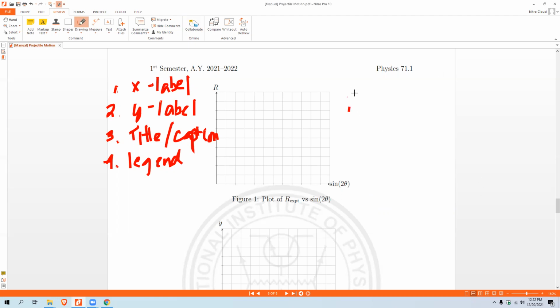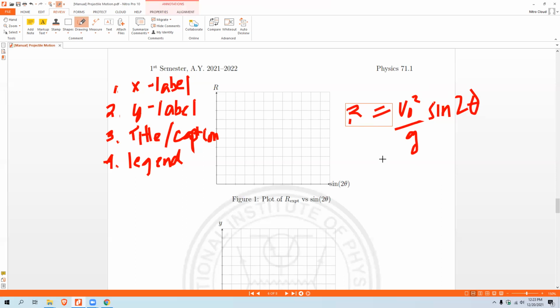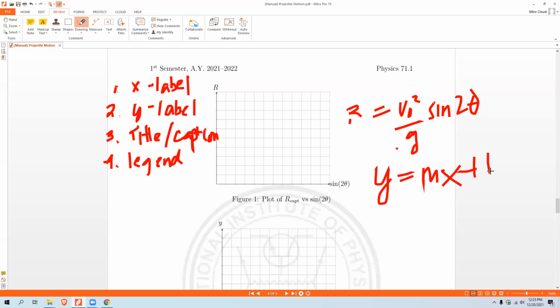So if you recall dun sa ating formula, ang formula ay V naught squared over g sine 2 theta. So this formula is somewhat equal to the equation of a line. So for example, recall nyo that yung isang line ay y is equal to mx plus b, di ba?